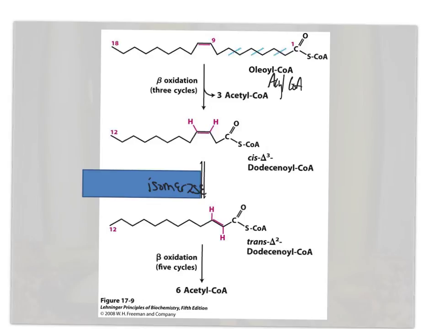This is another type of acyl-CoA. Okay, so what can we call this one? Well, actually, technically, it's not an acyl-CoA, it's an enoyl-CoA. I'm sorry, I misspoke right there. This is an enoyl-CoA. This just tells you the specific chain length, 12, dodec, okay? But it's an enoyl-CoA.